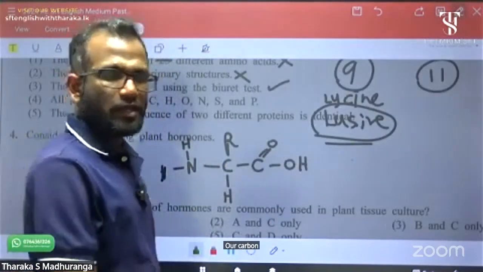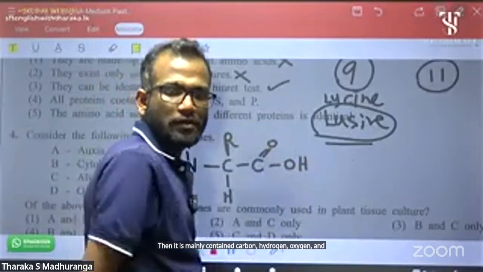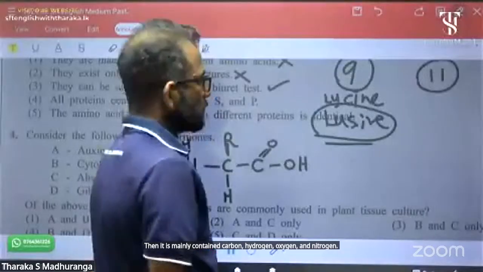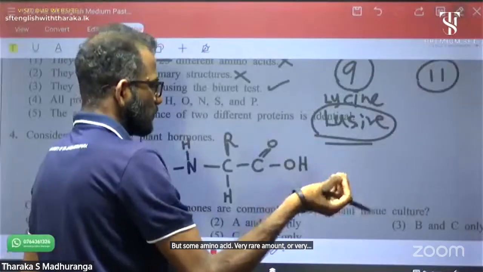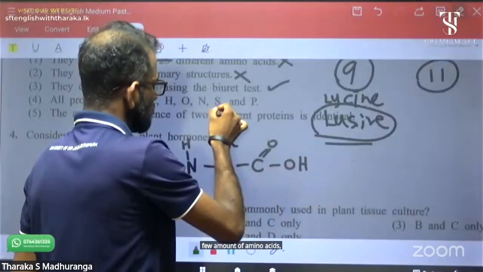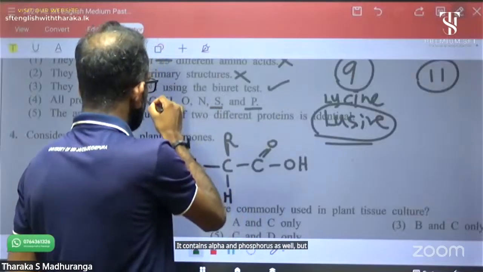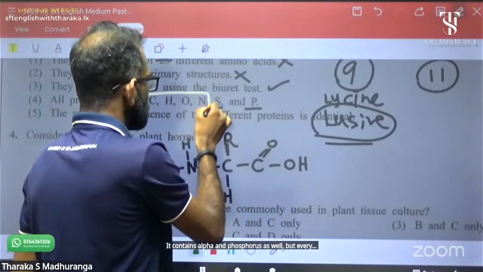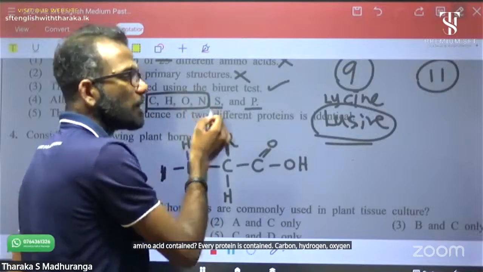Then it mainly contains carbon, hydrogen, oxygen, and nitrogen. But a very few amino acids contain sulfur and phosphorus as well. But every amino acid, every protein contains carbon, hydrogen, oxygen plus nitrogen.